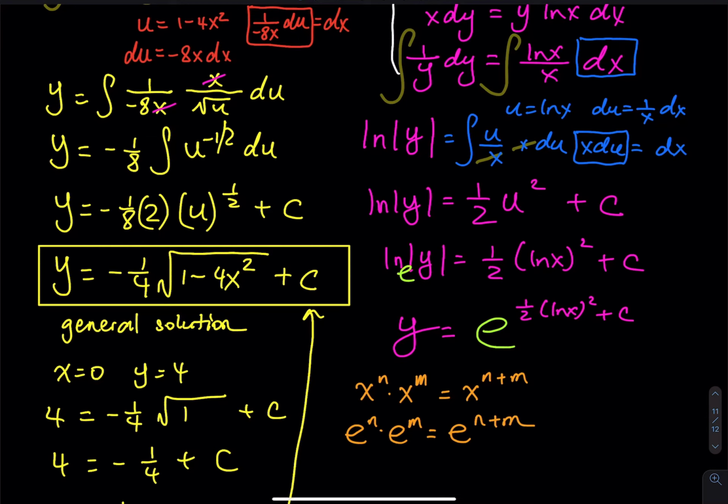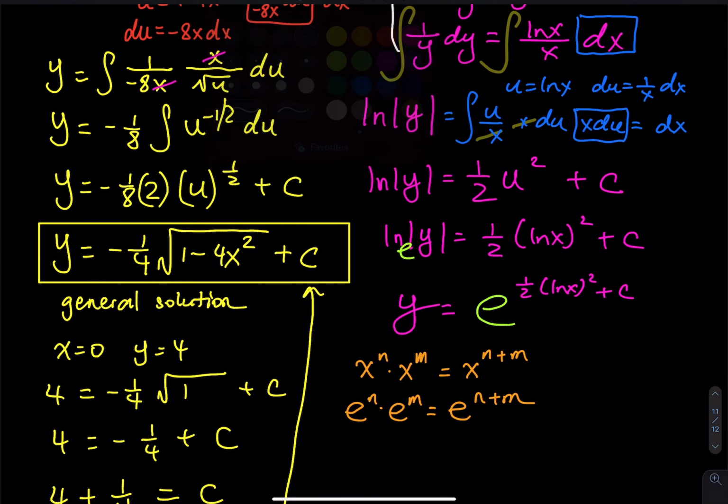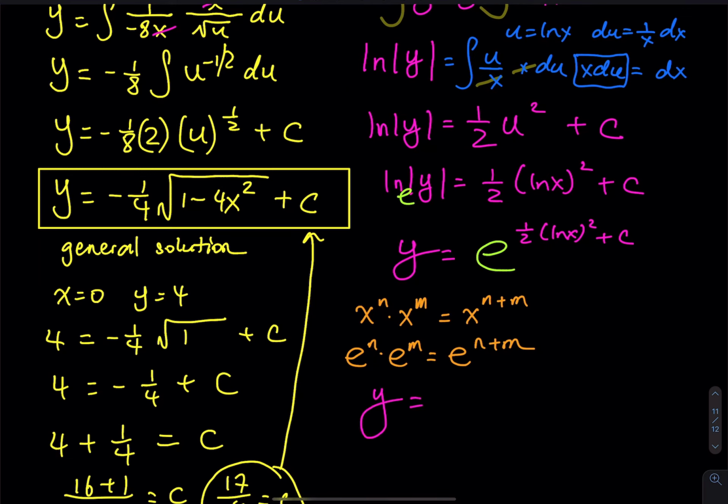All right. So that means you can split that up to e to the 1/2 (ln x) squared, and then you multiply by e to the c. So y equals e to the 1/2 (ln x) squared times e to the c. And then in differential equations, a constant is a constant.